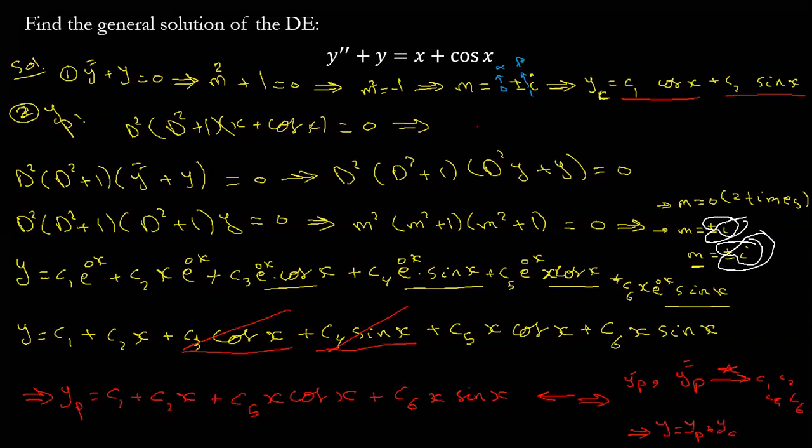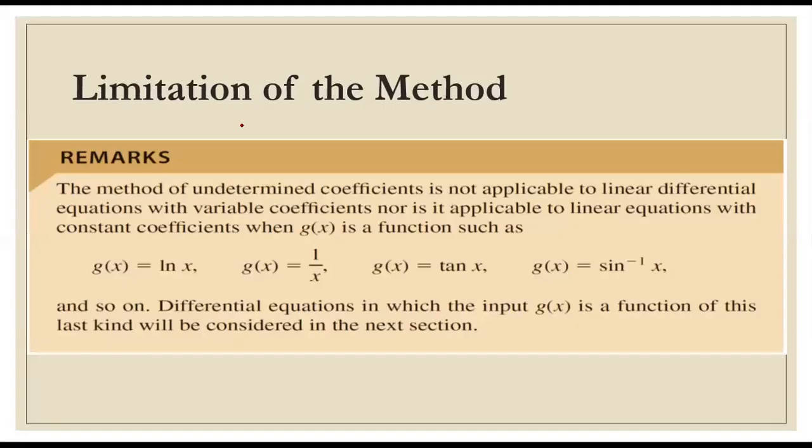Is it clear? What I need to tell you now is that if your right-hand side, your gx, is ln, or 1 over x, or tan x, or sine inverse, you can't use the annihilator method to find yp. Why?